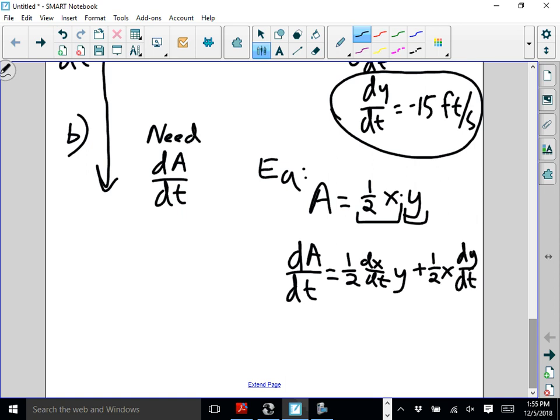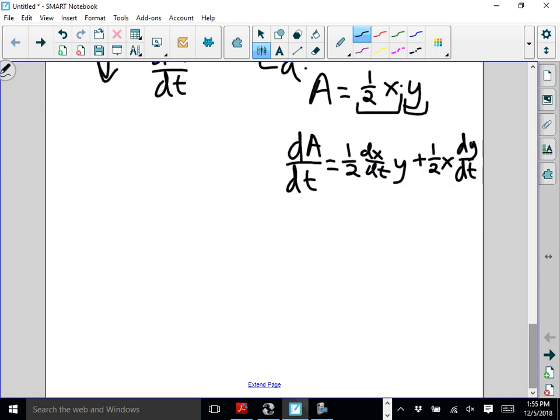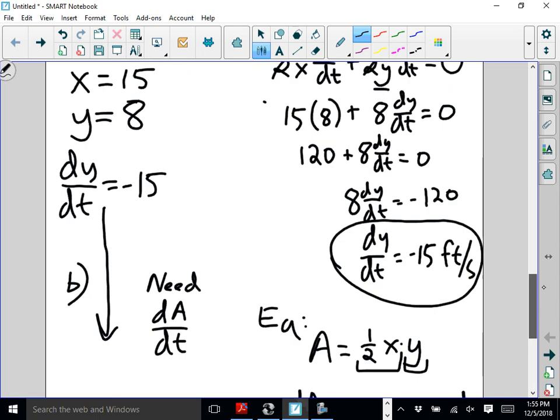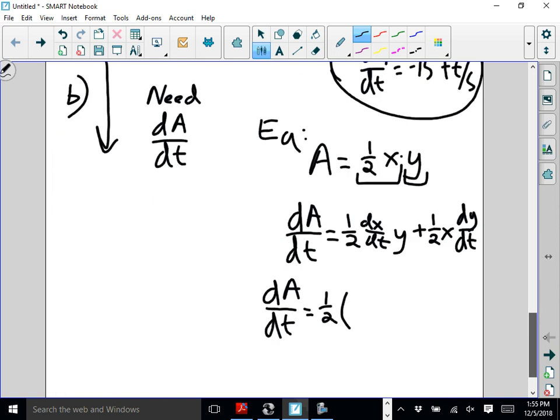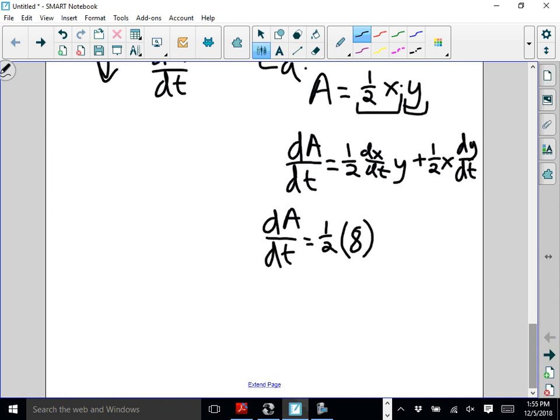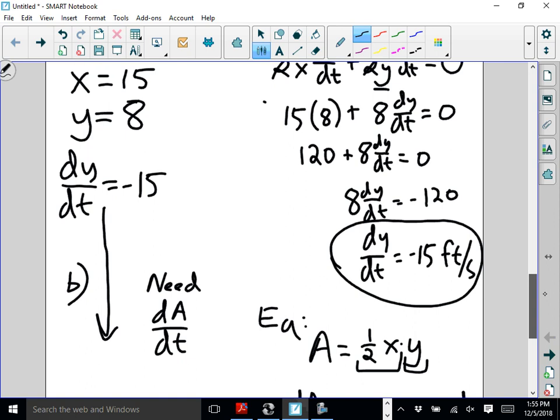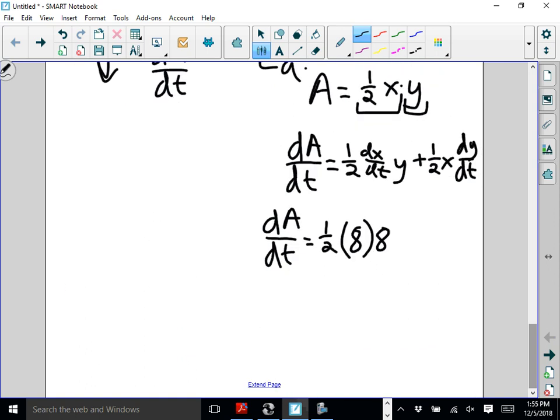Now, when I look back at my know column, I know all four of the things I need to know, leaving only dA/dt as unknown. So dA/dt would equal half dx/dt. What was that? 8. Times y, 8, plus half x, which was 15, and dy/dt ended up being negative 15.